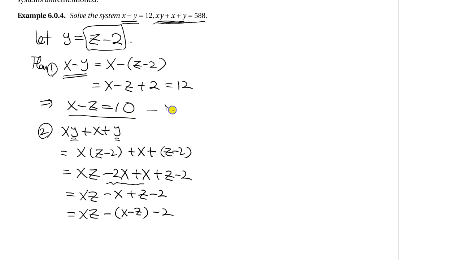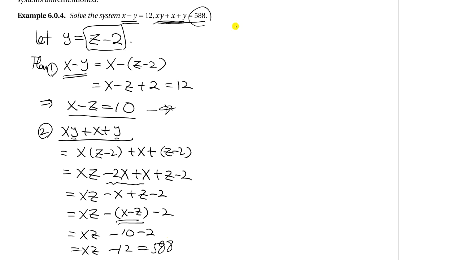Then by that, we can change that one to 10, right? So it's xz minus 10 minus 2. So xz minus 12 equals 588, right?